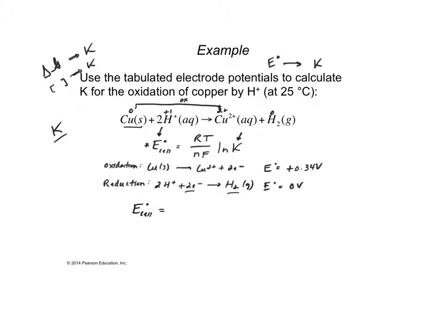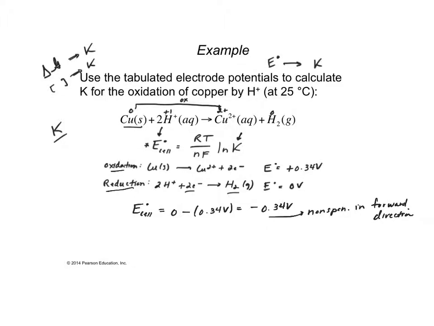This is the potential of the reduction half reaction at the cathode, which is 0, minus the potential of the oxidation half reaction, the anode, which is 0.34. That gives us overall a minus 0.34 volts. So already you should note that this is non-spontaneous in the forward direction.